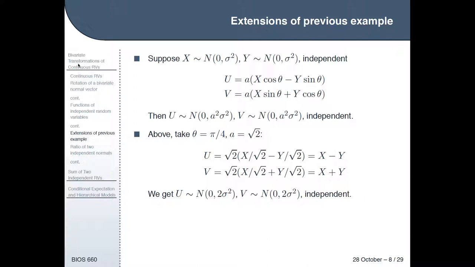This tells us that if you take the sum of two normal random variables, or the difference of two normal random variables for that matter, you get another normal random variable with the mean equal to the sum of the means of the individuals and the variance equal to the sum of the variances of the individual random variables, which you've probably seen before if you've taken statistics classes in the past, but that's one way that you can prove it. We'll show an easier way here in a minute.